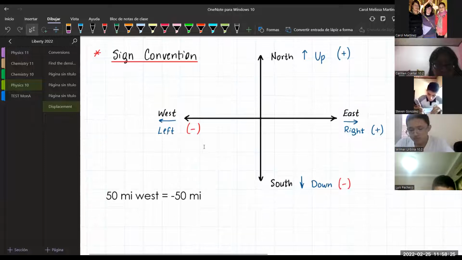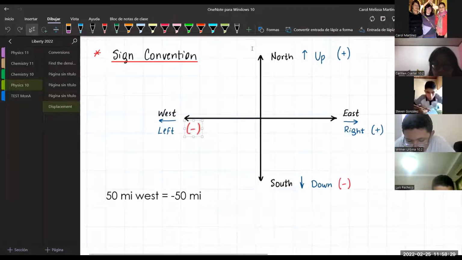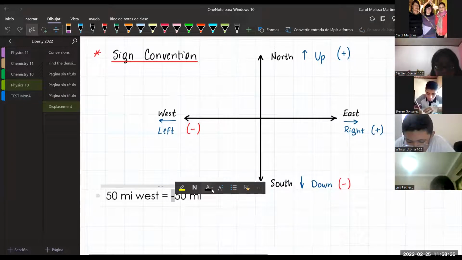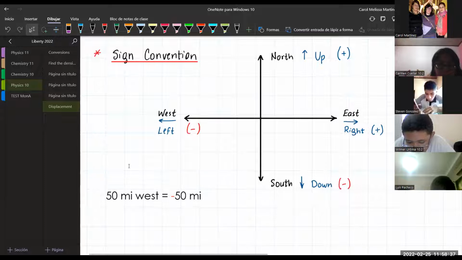This negative comes from the sign convention that the west, which is located to the left, has a negative sign. Every direction is going to have a sign.